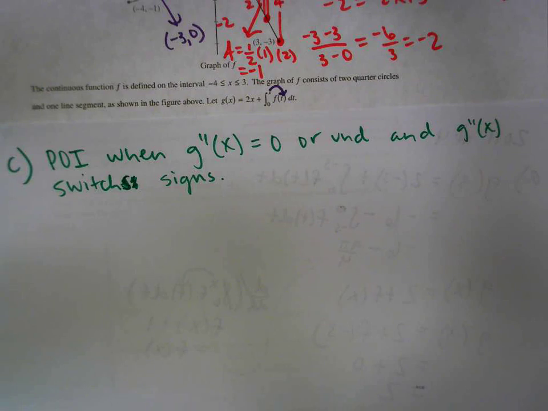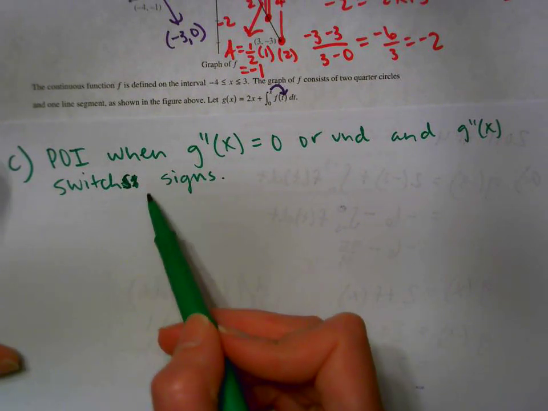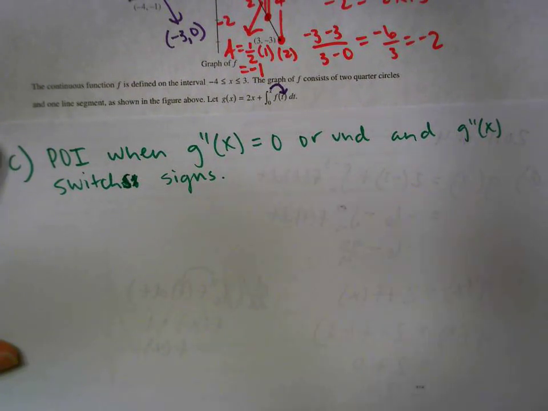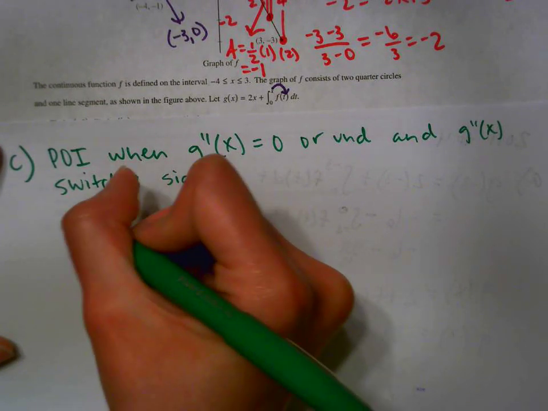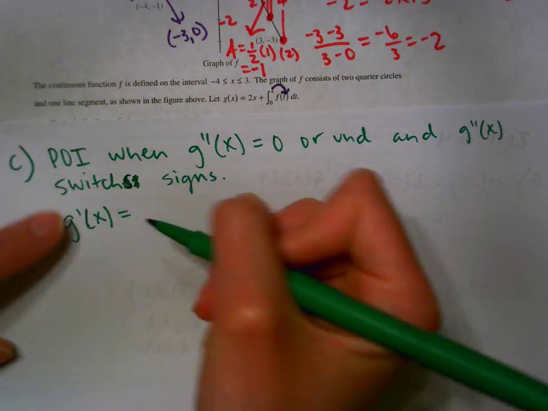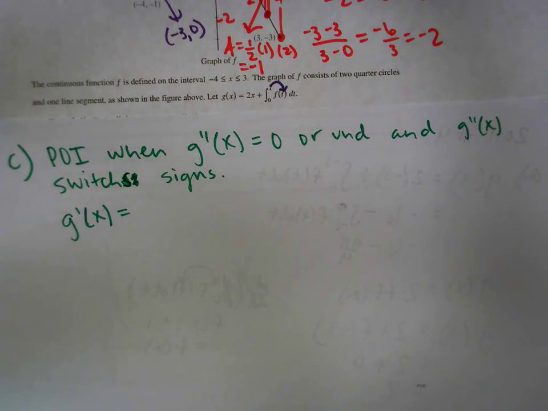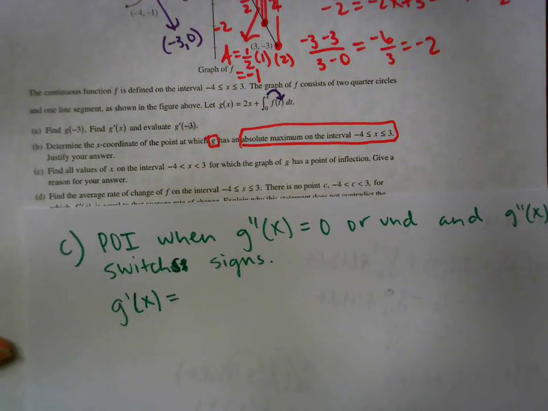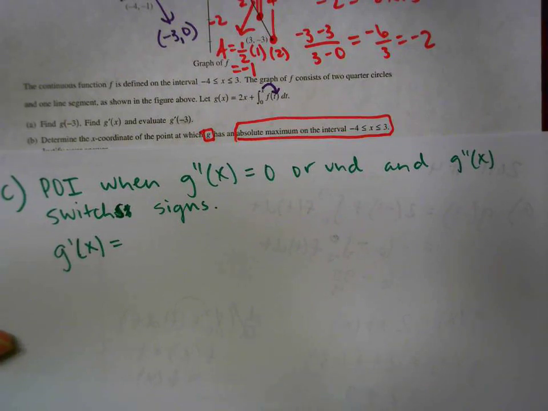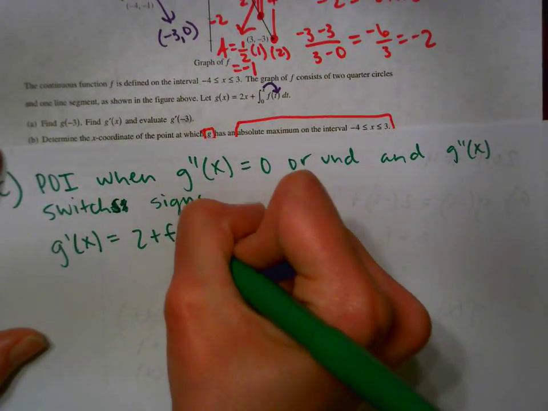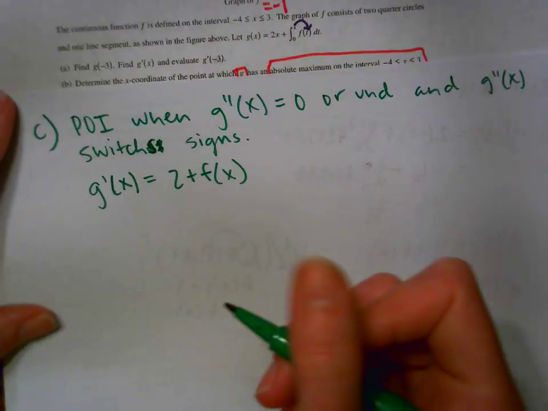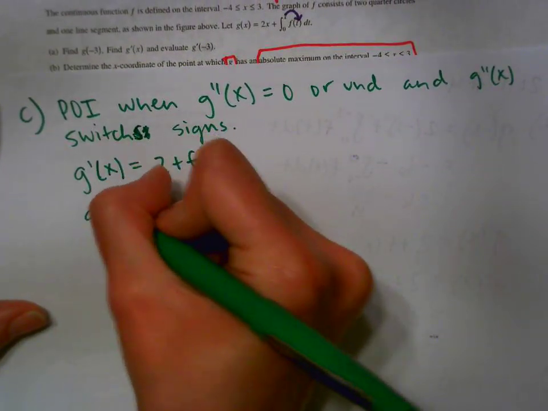Signs. So we need to know when is g double prime going to switch signs, basically. So let's think about what is g double prime. Oops. Well, you know what I'm going to do is actually first write g prime. Turn my mistake into a purpose. So we said from part A, g prime is 2 plus f of x, right? Then to get g double prime, we're going to take the derivative of that.